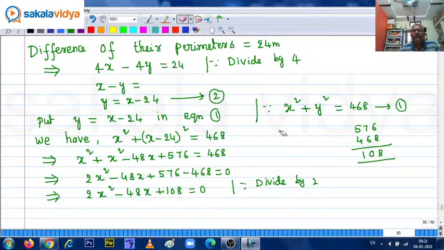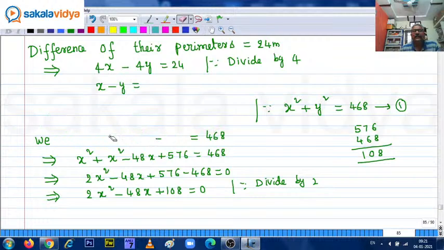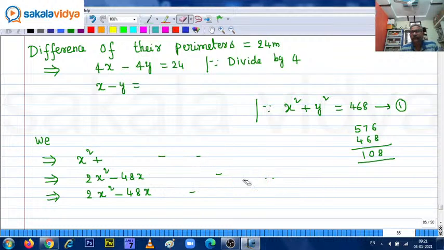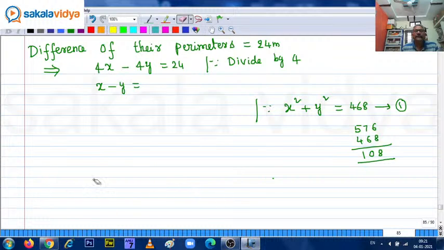Very good, we made a mistake. Absolutely correct. Thank you, Vijayendra. It's absolutely correct. Very good observation, Vijayendra Krishna.